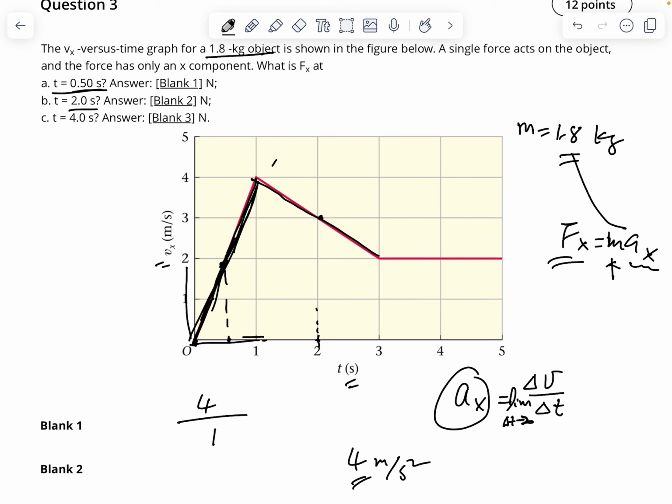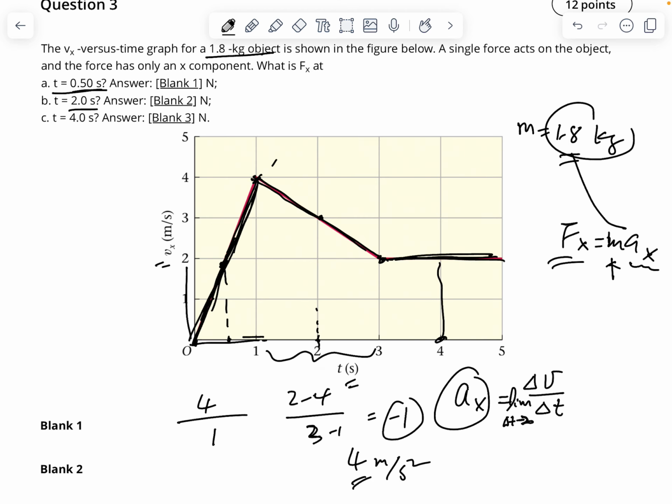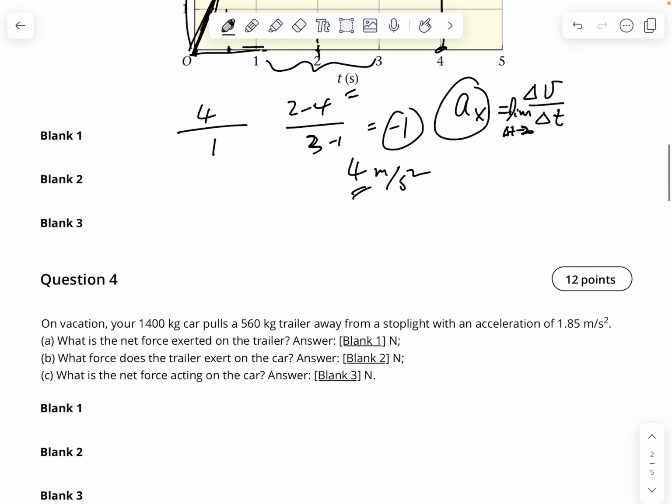You have to look at the slope of this line, which is negative. The run is 3 minus 1, which is 2, and the rise is 2 minus 4, since you end at 2 and start at 4. So the slope is negative 1, and this times the mass is the force. Same idea at 4 seconds: the slope here is 0, so the force will be 0.